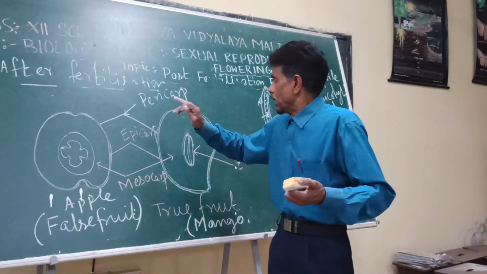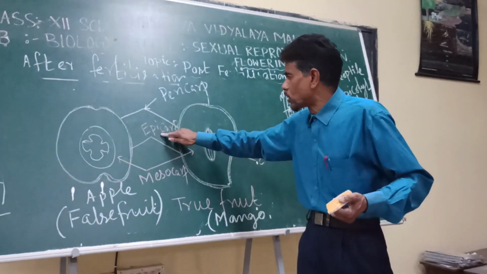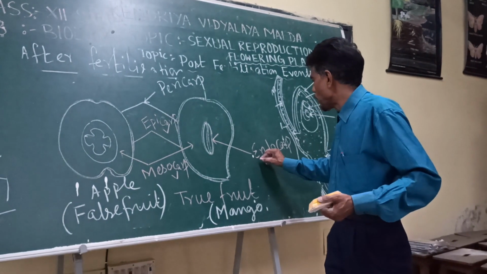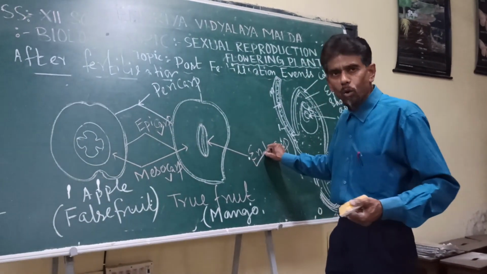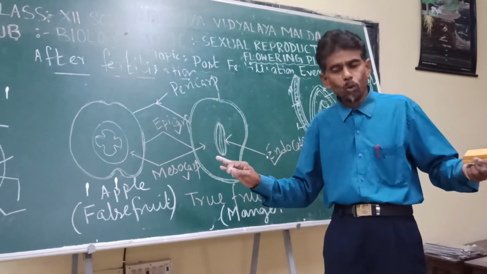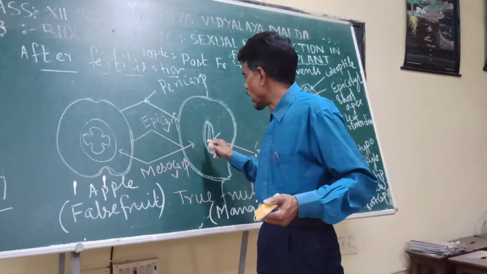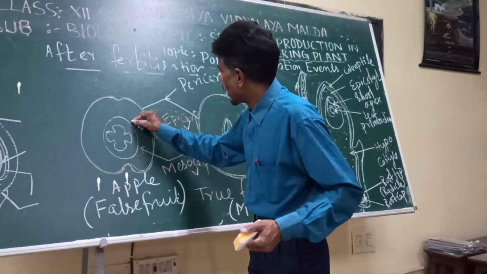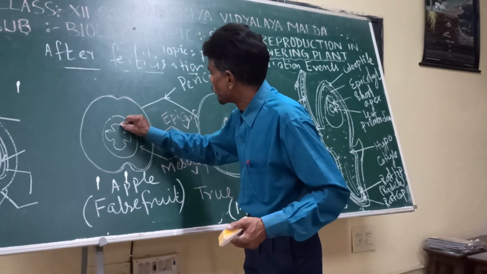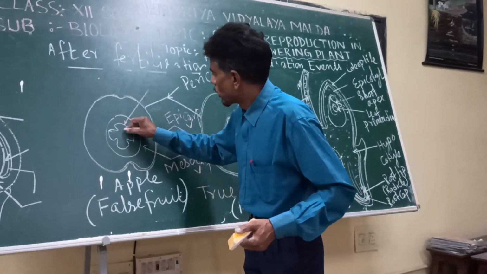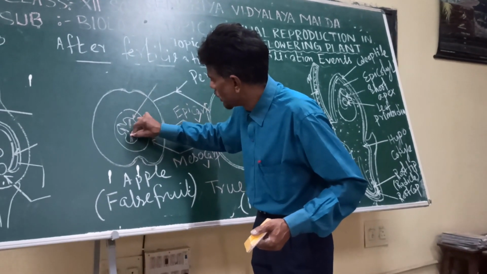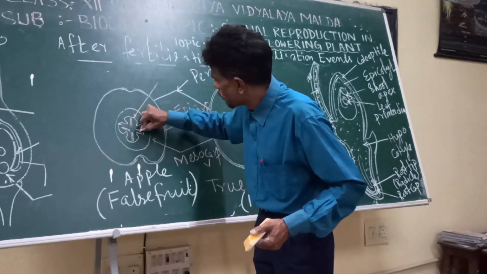So the pericarp is having three parts. One is epicarp, second is mesocarp, and the third is endocarp. Is that clear to you? Endocarp covering the seed. This is the endocarp here. Here it is the endocarp.